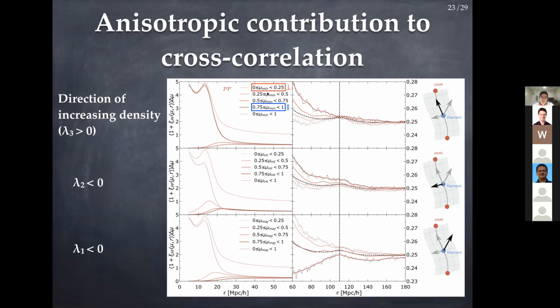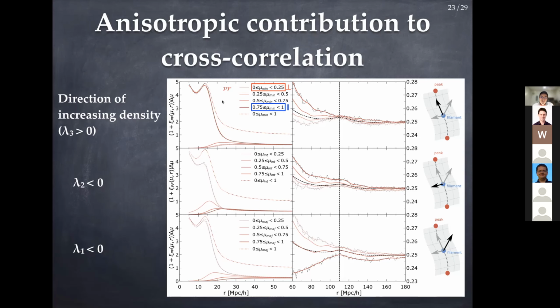So the most transparent lines show the contribution coming from pairs perpendicular to this direction, and the most opaque from parallel to this direction. You can see that the whole configuration is majorly captured by the most opaque line, which is coming from the direction parallel to the filament.